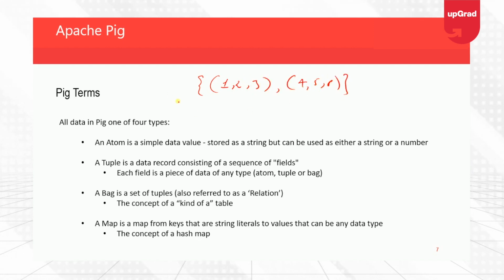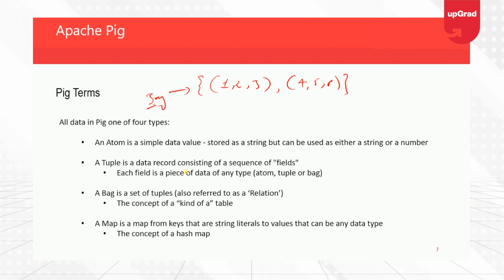So this is how a bag is supposed to look. A bag can be described as an unordered collection of tuples. You can say it is a relation which is of a special kind. We do have the concept of outer bag and inner bag in Pig. So that is also one of the concepts that we use in Apache Pig.